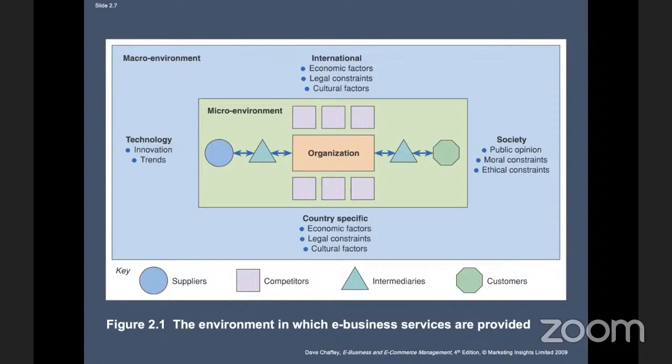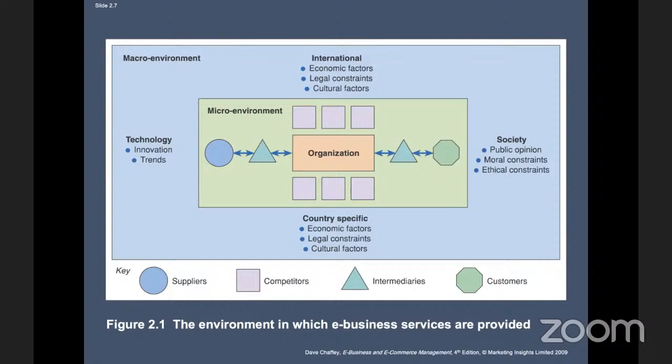Okay, what is happening here is, in the micro environment, suppliers and intermediaries connect in order to go towards the organization, basically connect through the intermediaries to the suppliers, and then on the other side it connects with the society in terms of intermediaries, and then finally the customers.